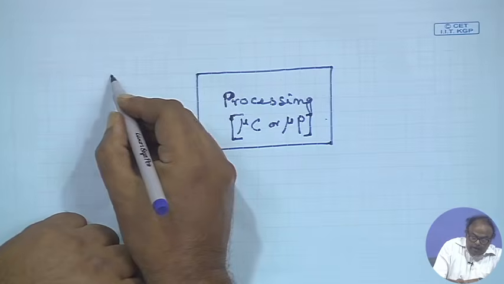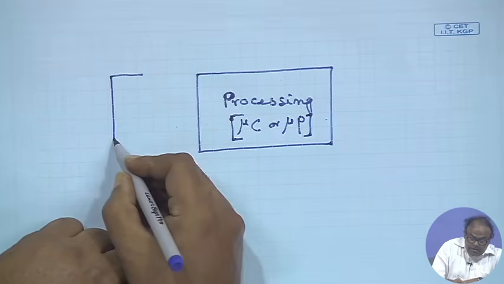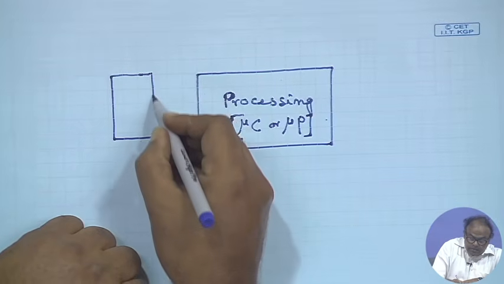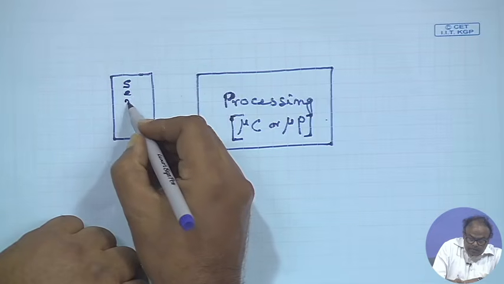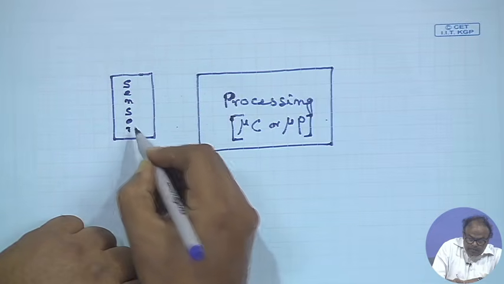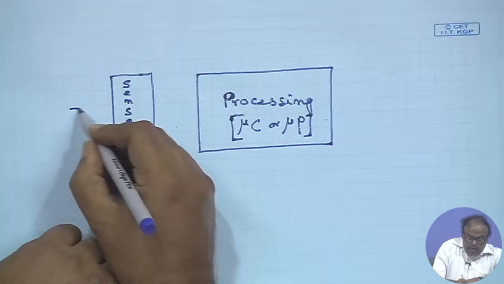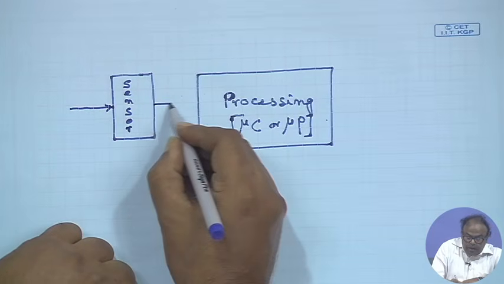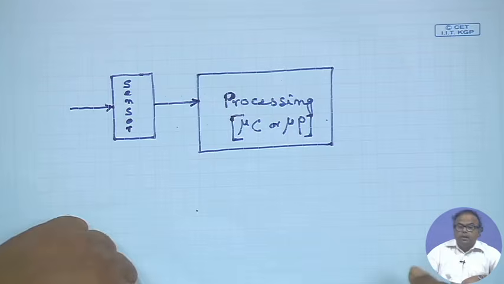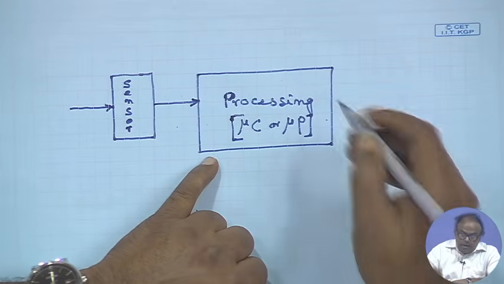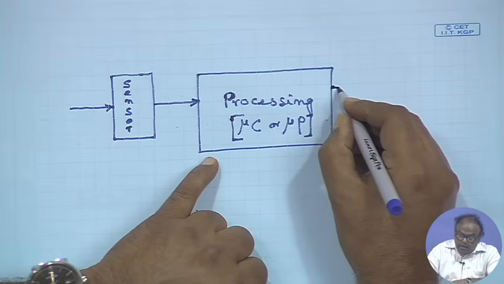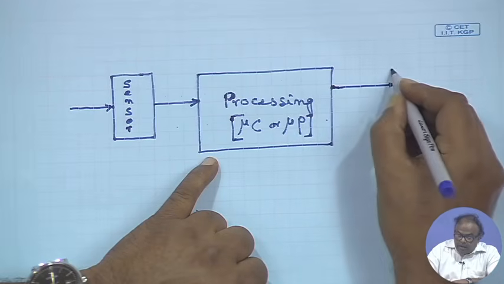And on the other side, we have got the sensors, which interact with the world and provide the data to the processing unit, and there are actuators.